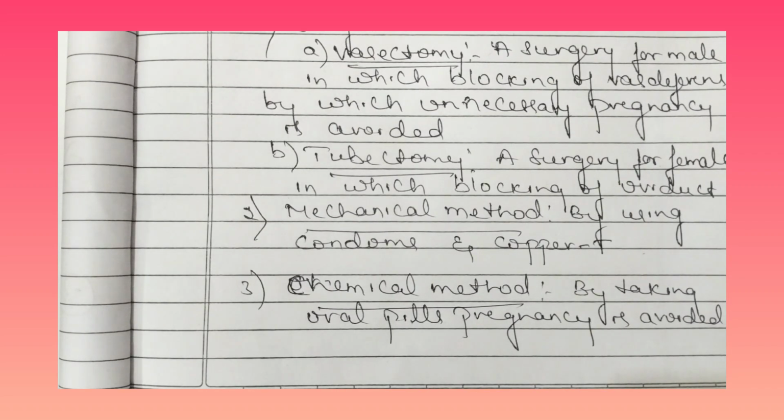So these are the 3 methods by which contraception can be achieved.